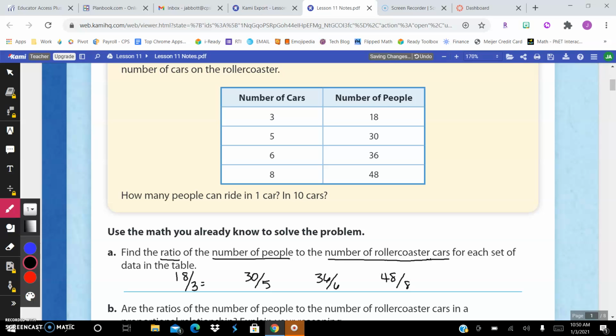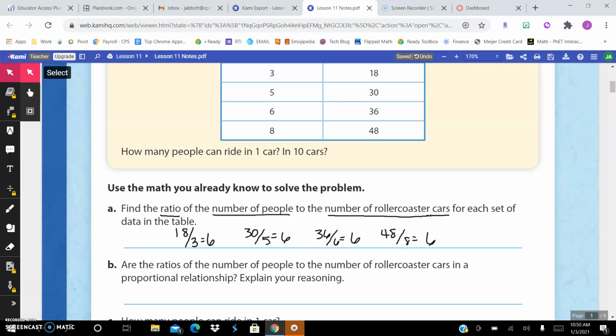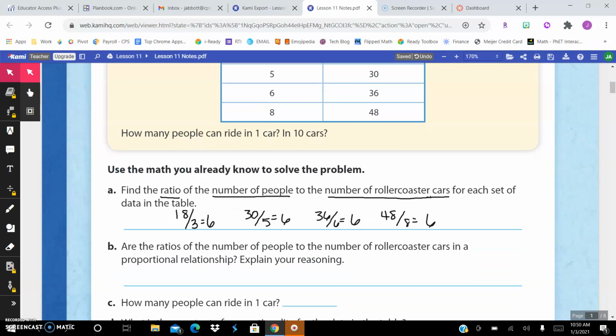So if I do the math on all 4 of those problems, I'm going to get 6. So the ratio of the number of people to the number of roller coaster cars is 6 in each set of pieces of information there. Are the ratios of the number of people to the number of roller coaster cars in a proportional relationship, and explain your reasoning?